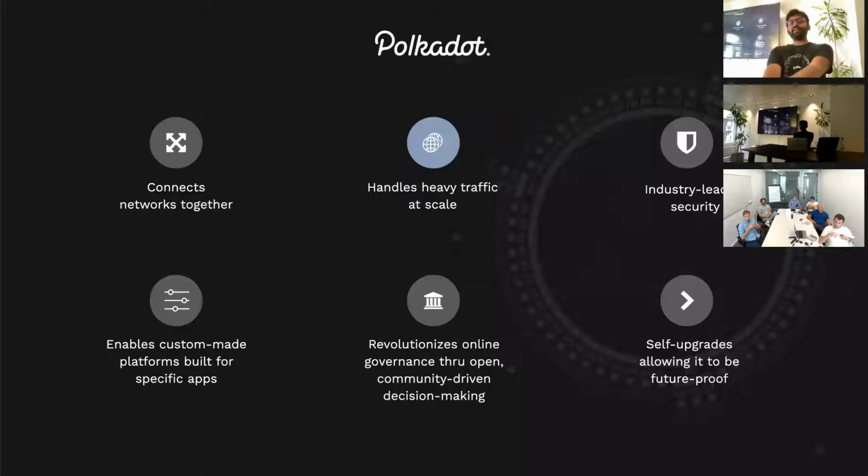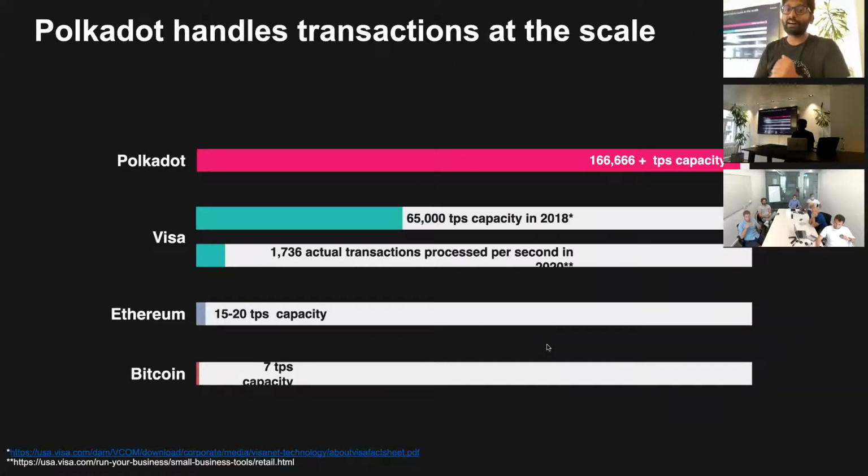All right, so handling heavy traffic at scale. This is a very hot topic in the blockchain space, especially with Ethereum, considering the gas prices, congestion in the network, and other issues that are there with it. We're just going to show you this parallel architecture where all the blockchains are running in parallel. They are going to submit the metadata to the relay chain, enabling so many transactions per second capacity.